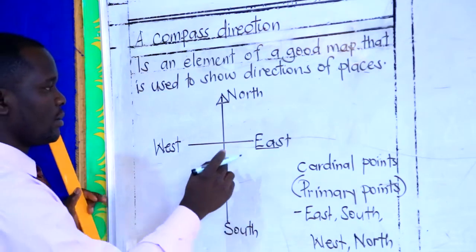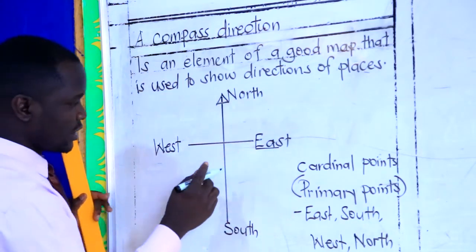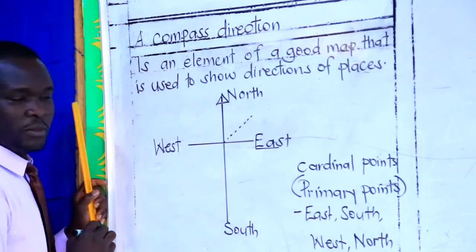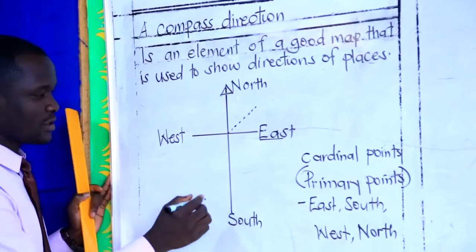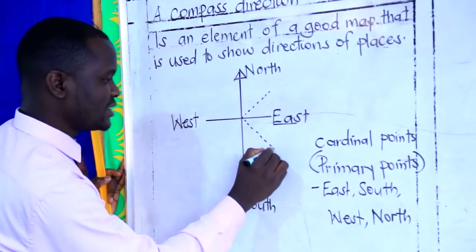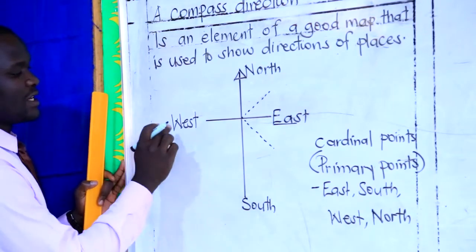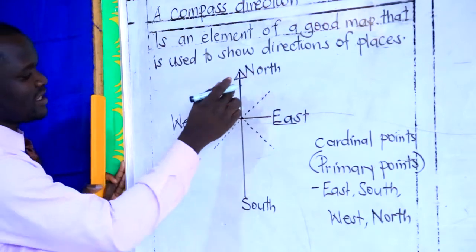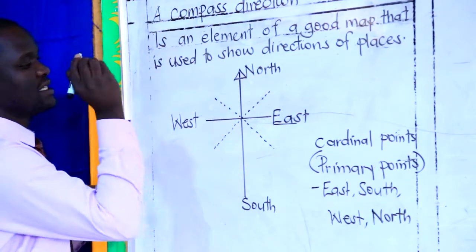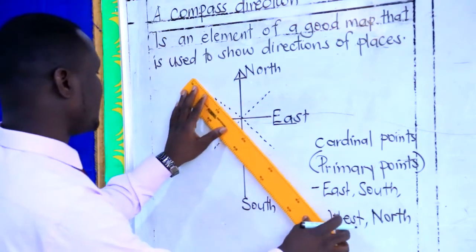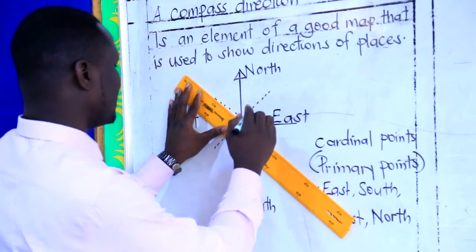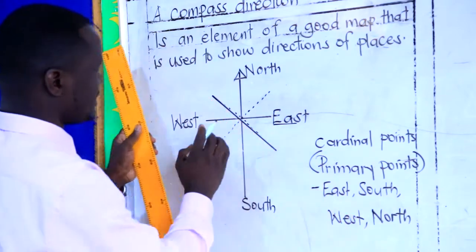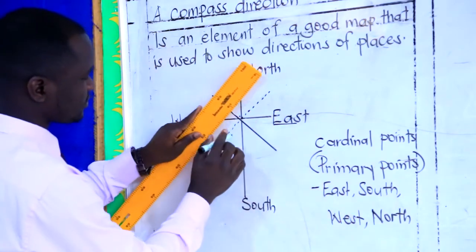Also note that in between these cardinals, we also have other compass directions. For example, between north and east, we shall have another compass direction. Between east and south, we have another. Between south and west, we have another. Between north and west, we have another compass direction. So at the end of it all, we shall have this kind of drawing.